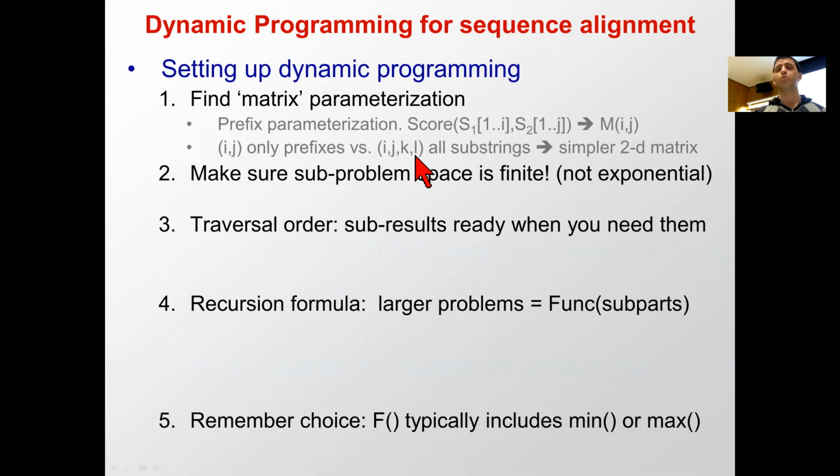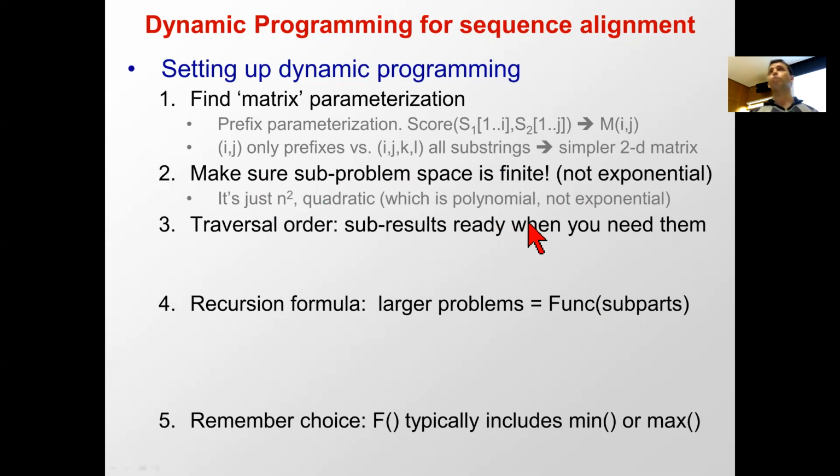So a 4-way parameterization from I to J in one sequence, from K to L in another sequence. And that would have been a 4-dimensional entry. Occam's razor, let's just use a 2-dimensional matrix. No need to do that. I wanted to make sure that the subproblem space is finite, not exponential, and that's just n squared, quadratic, which is polynomial, not exponential. There's only so many combinations, so many pairs of prefixes.